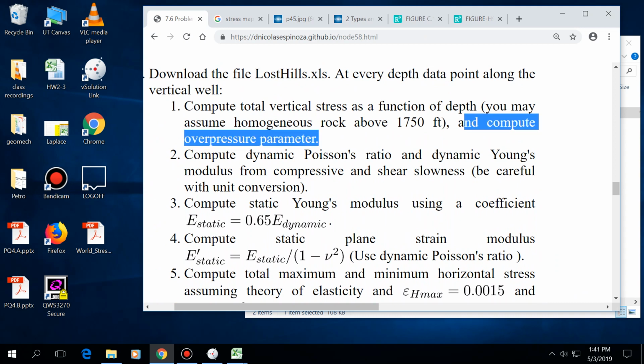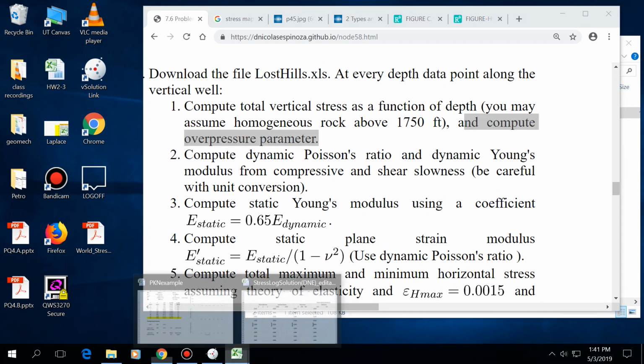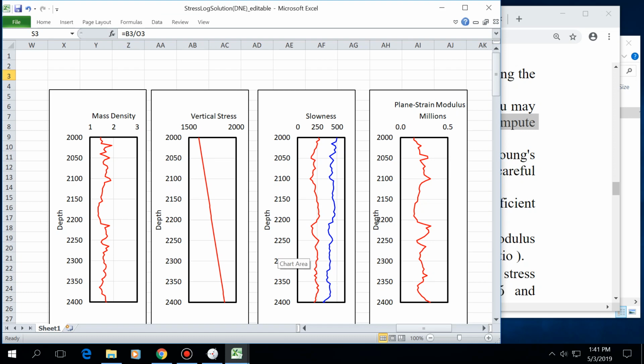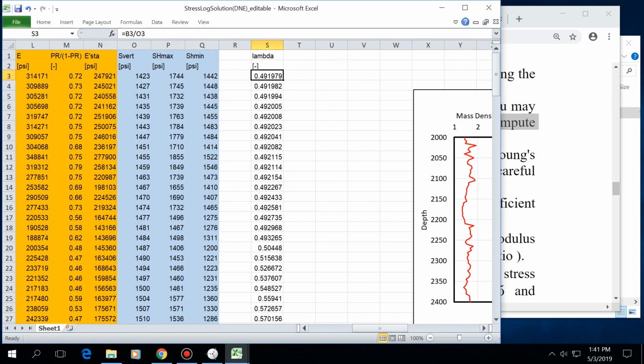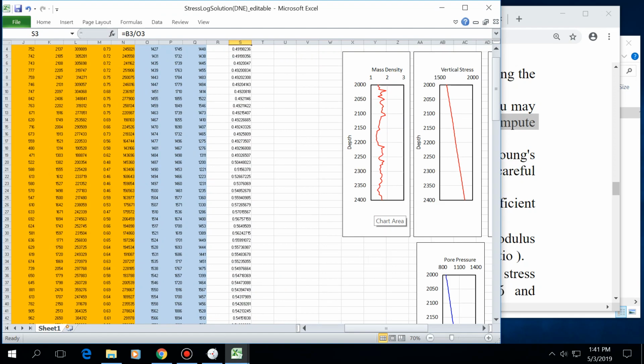Yes. You're right. So it's pore pressure divided by vertical stress. And if I say calculate something, I'd like that you make a plot of that to show that you actually did it, right?